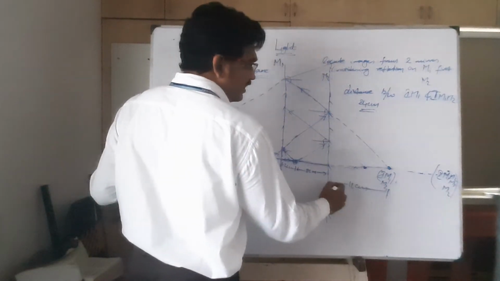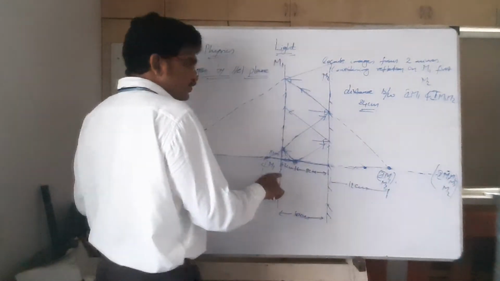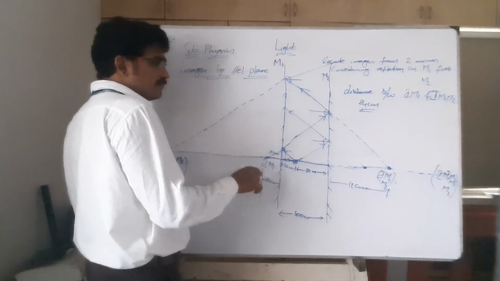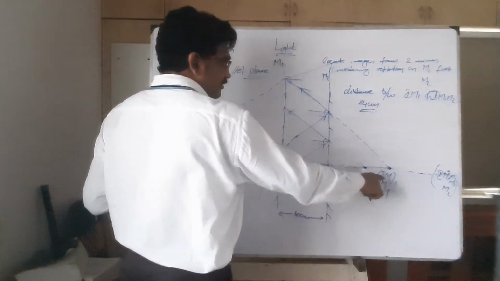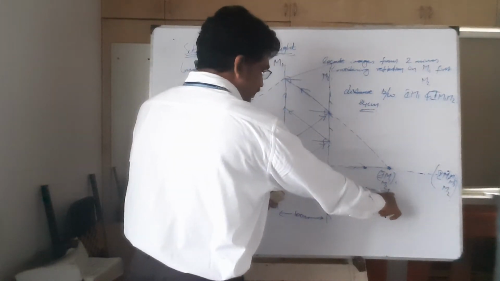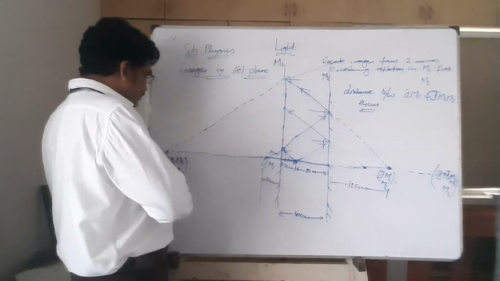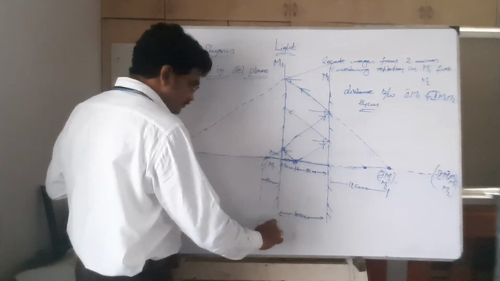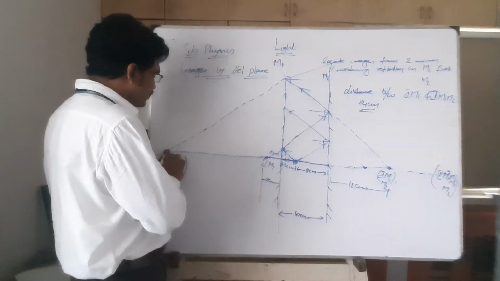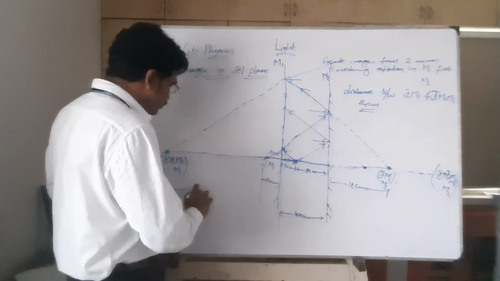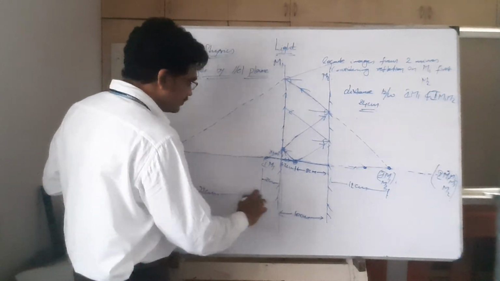So from M1 it is 12 plus 10, 22 centimeters. So from M1, this is 22 centimeters. 10 plus 12, 22. So here the distance from this point to M1 is going to be 22 centimeters.